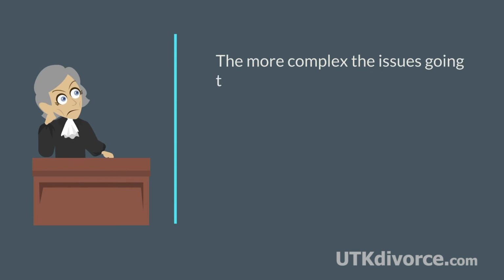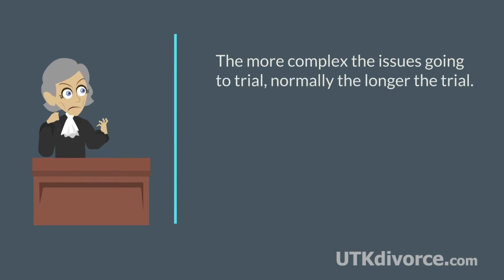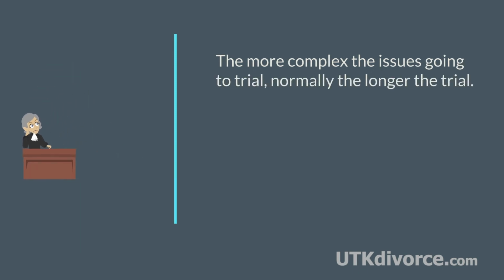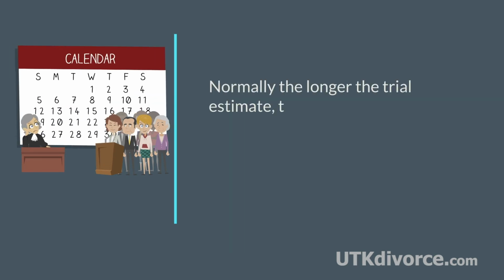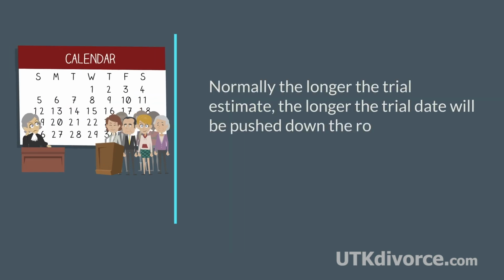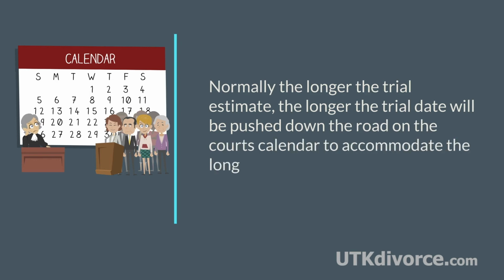The more complex the issues going to trial, normally the longer the trial. Normally complex issues have more witnesses that take longer on the witness stand and more documents. Normally, the longer the trial estimate, the longer the trial date will be pushed down the road on the court's calendar to accommodate the longer time estimate.